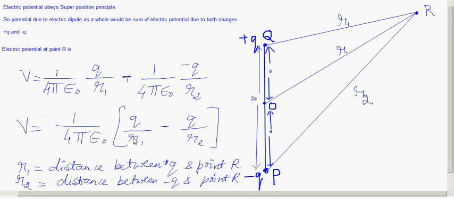So now draw PC perpendicular to RO. Let us extend this line and draw PC perpendicular to RO.